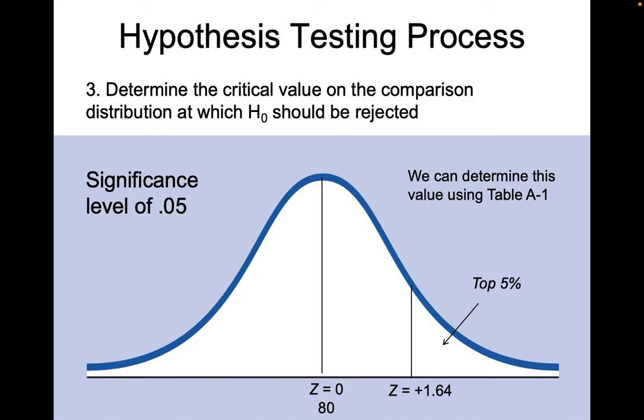The hypothesis was that training would improve exam scores. Therefore, we're only interested in that very top tail of the comparison distribution. So we're going to set as our cut score for rejecting the null hypothesis a research result in which the sample's z-score on the comparison distribution would be at or above 1.64.